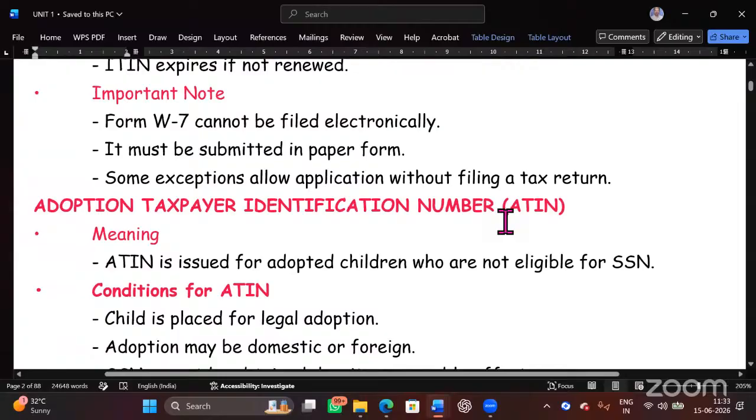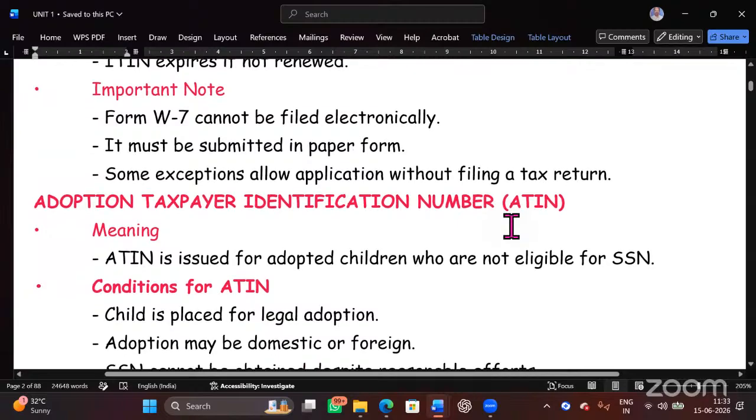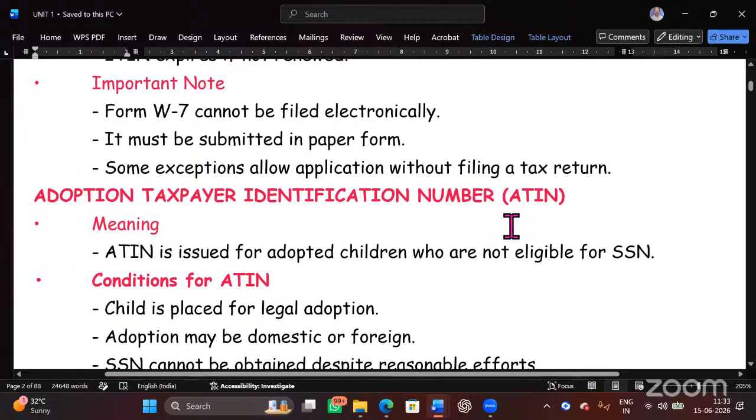Apart from ITIN, there is ATIN, Adoption Taxpayer Identification Number. Adoption of any child takes time. It is a lengthy procedure, to be followed according to another act, not according to the Income Tax Act. Meanwhile, the taxpayer, meaning the person who is adopting a child, can get the benefit of that adoption.